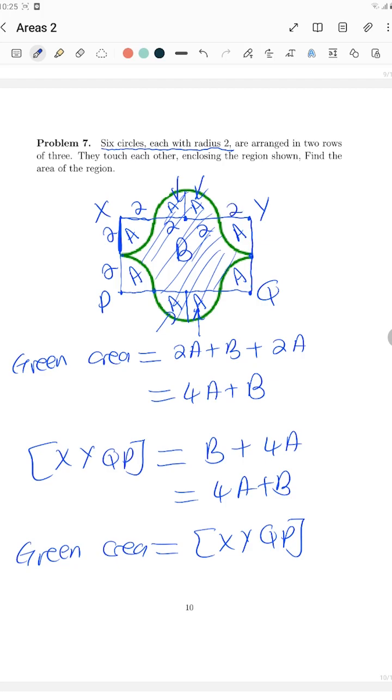So we know the distance from X to Y. The area of rectangle XYQP will be PX times XY, and PX is 4 units, XY is going to be 2 plus 2 plus 2 plus 2, which is 8 units. And so the area is 4 times 8, which is 32 units squared.